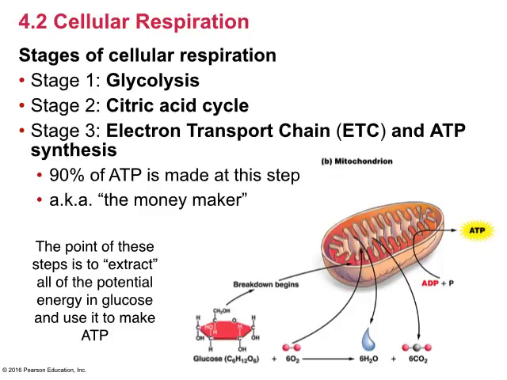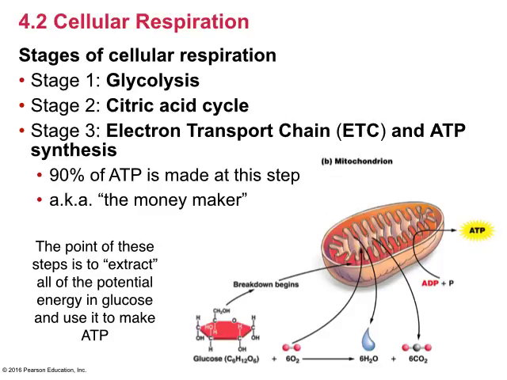So it's all about converting the potential energy in glucose into potential energy in ATP. And it does this in 3 steps. We're breaking down a ton of metabolic reactions into 3 main steps. First one is glycolysis, where you break glucose down into 2 pyruvic acid molecules.